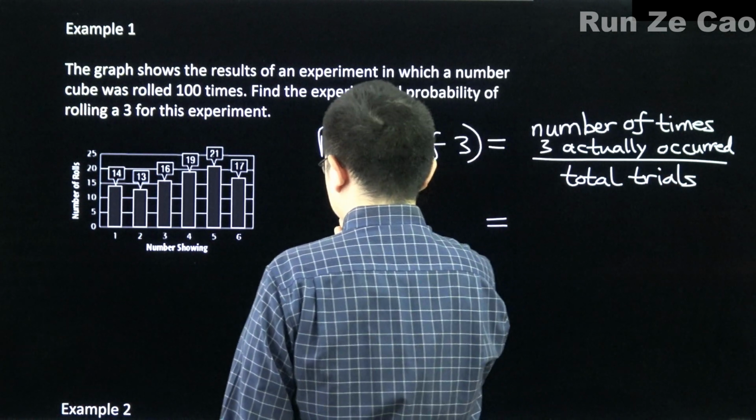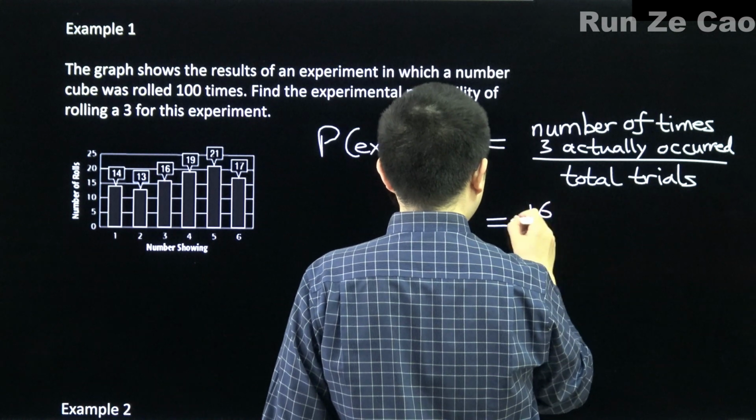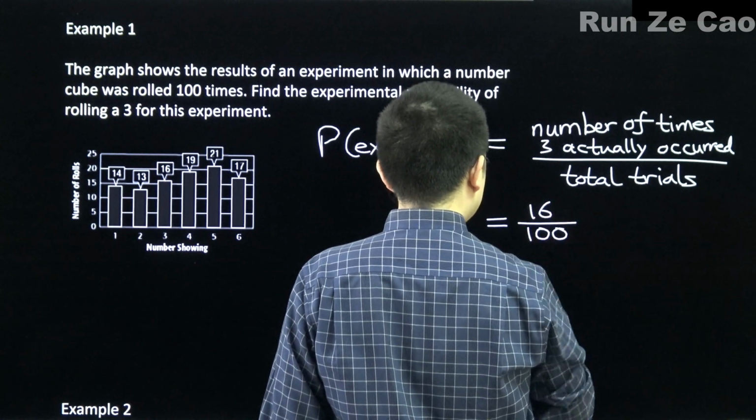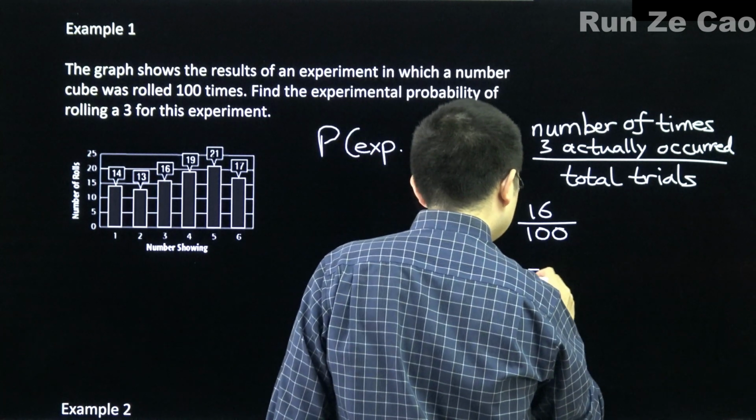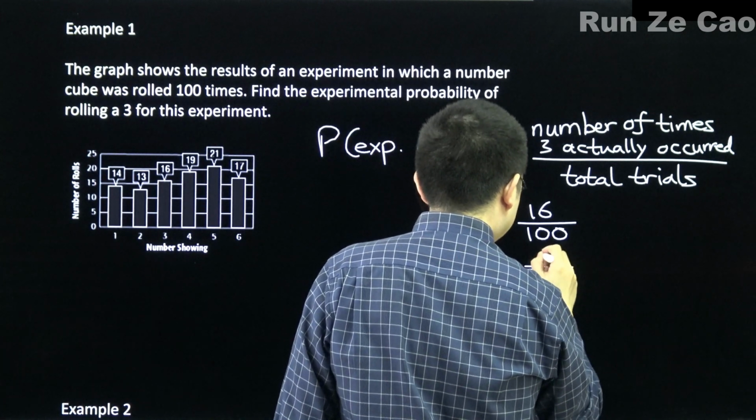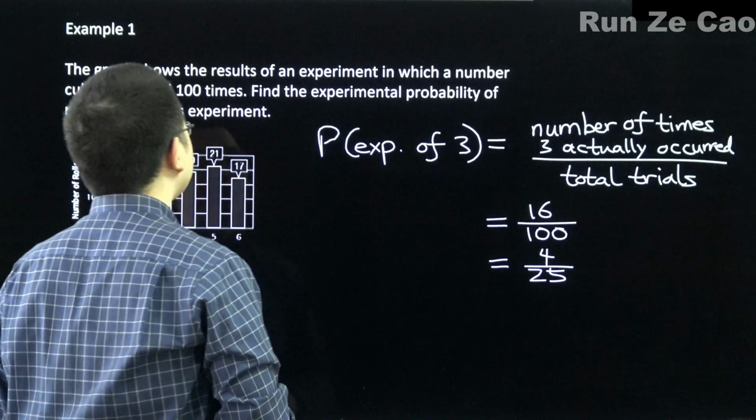Which is going to be 16 over 100. Or, if you cancel out a bit, it's 4 over 25.